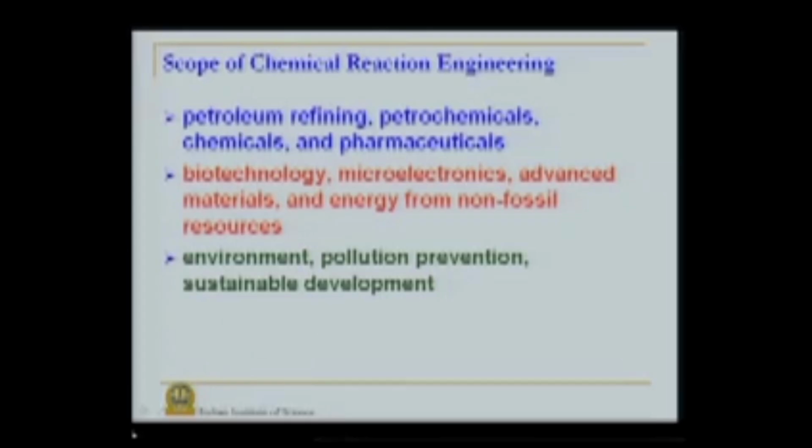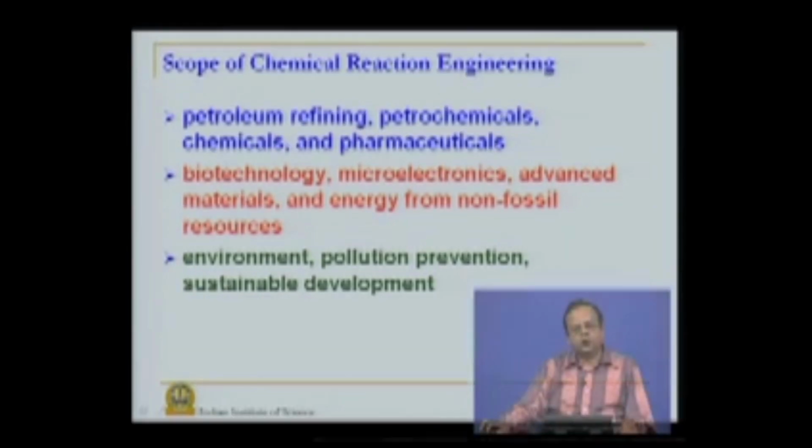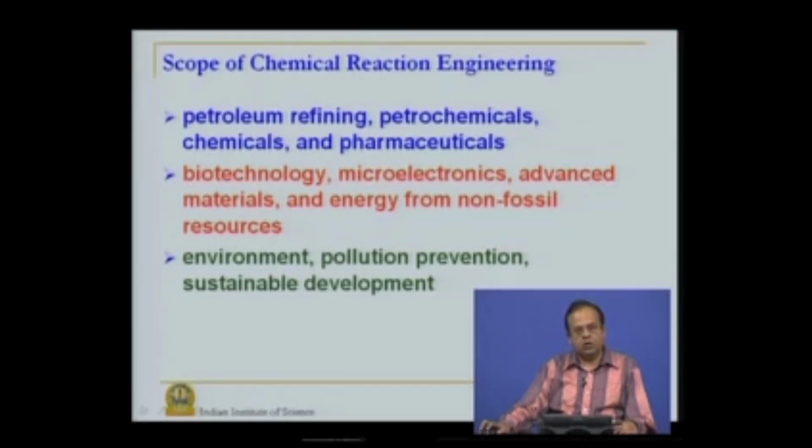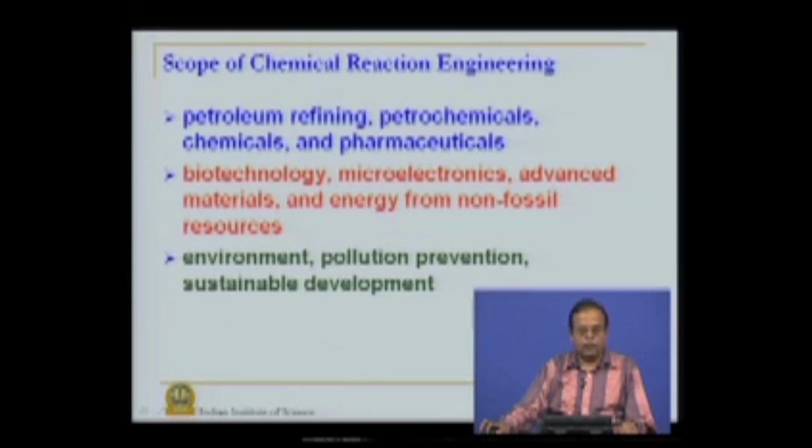Now, let us ask ourselves, what is chemical reaction engineering intended for, or what is the scope of chemical reaction engineering? There are several aspects of chemical processes or products that we are familiar with, some which we are already familiar with, some which we will become familiar with as we move along.